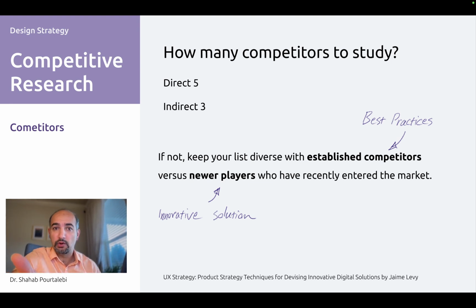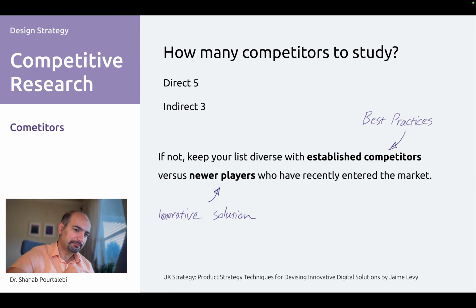So you end up with all competitors that are considered as indirect competitors. Okay, so in that case, the best practice would be to categorize them differently. Like if they're all indirect competitors and your idea is unique, categorize them based on these two categories: established competitors and new players. Okay, what does it mean?